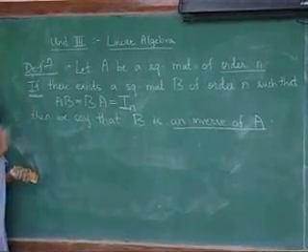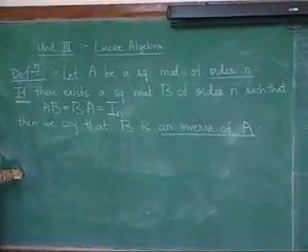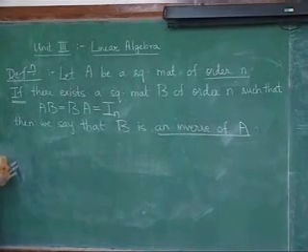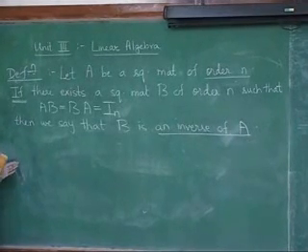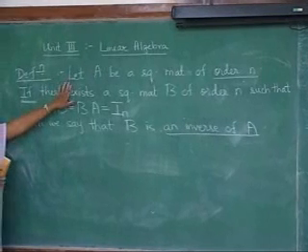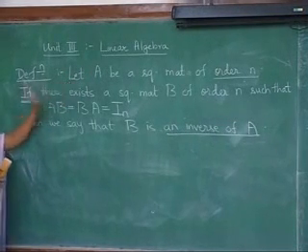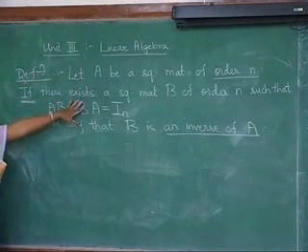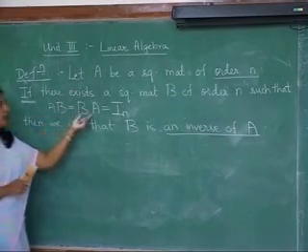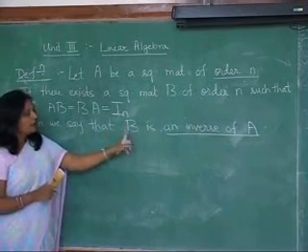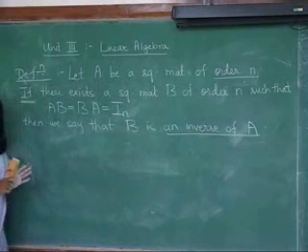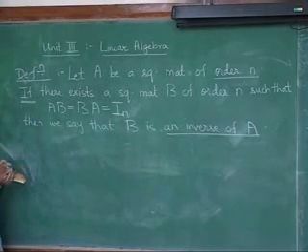If there is such a matrix, then it will be called an inverse of A. So first of all, there is no guarantee that there will be such a matrix. It only says if you can find such a matrix for which this product and this product is the identity, then we will call that matrix an inverse of A. That's the first aspect of it.